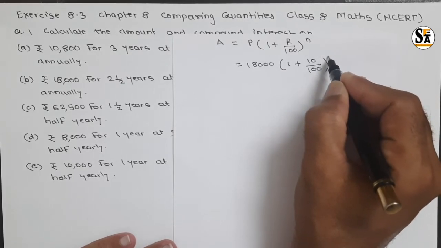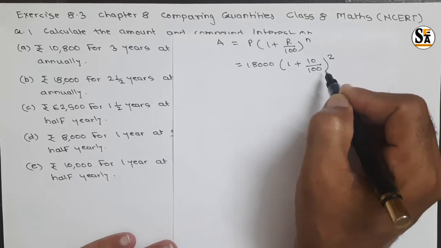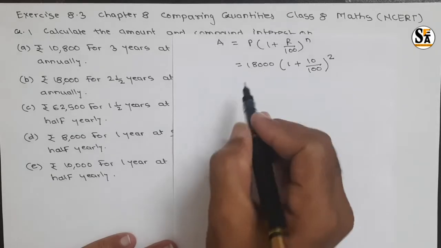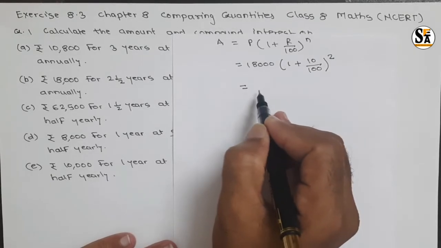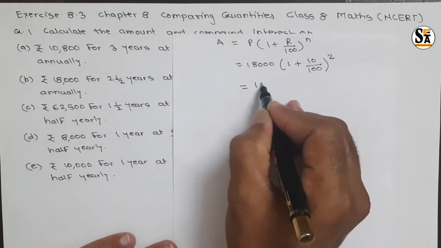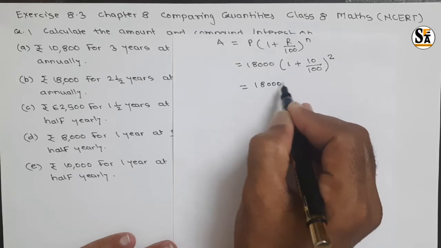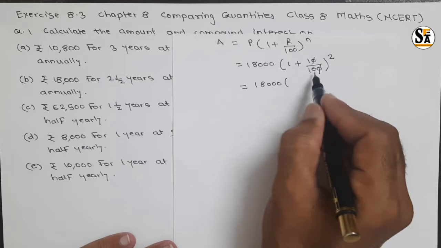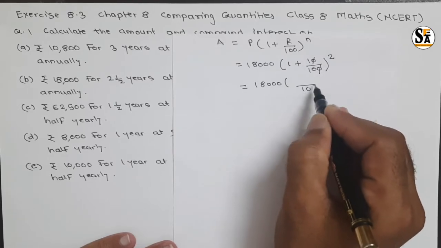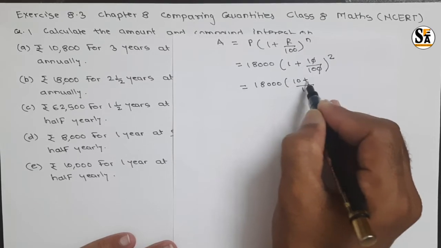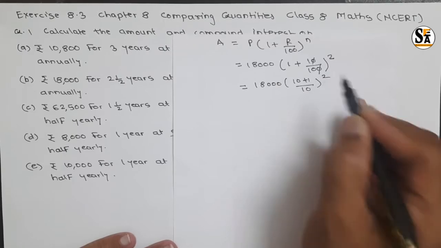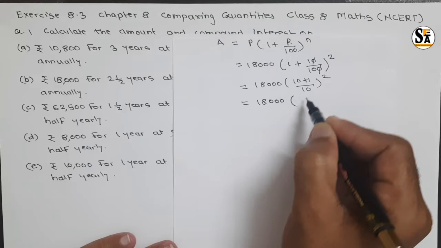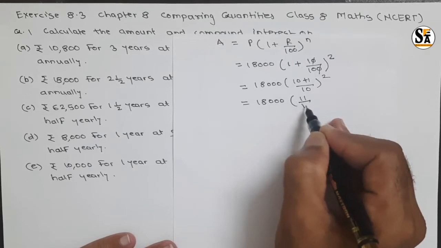Bracket raised to n, I will write first 2. Here we are calculating for the first 2 years. So solve this. We will get 18,000 into bracket, this 0 will get cancelled. So take 10 common as denominator, 10 plus 1 bracket squared. 18,000 into bracket 11 divided by 10.